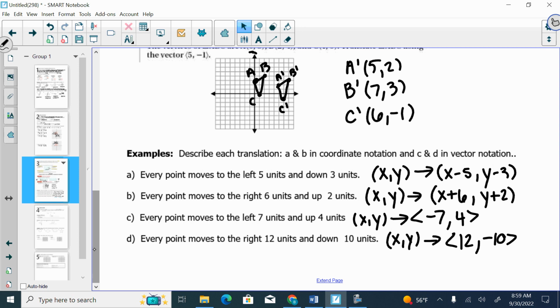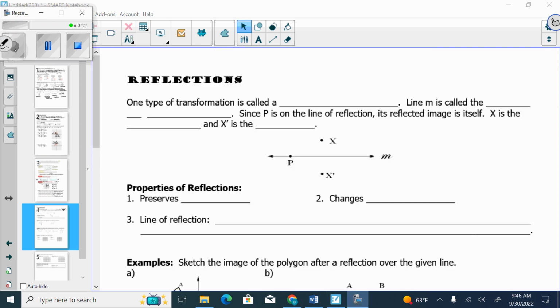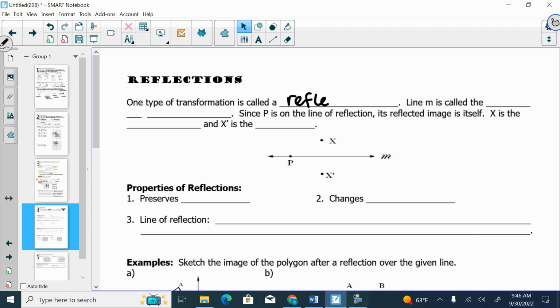All right, so now we're going to talk a little bit about reflections. So one type of transformation is called a reflection. So in the figure below, line M is called the line of reflection.